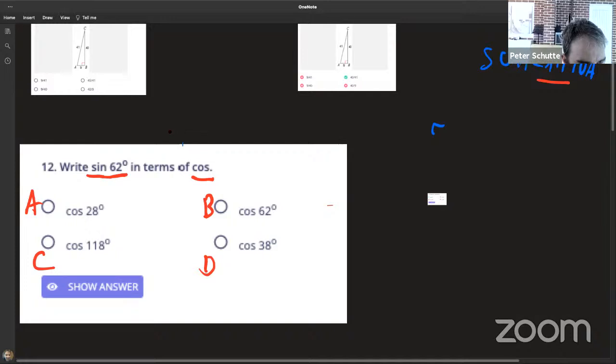Now, just to remind you, we do something called the reduction formula. And if you're reducing something off horizontal, there's one way of doing it. And if you're reducing something with the nearest vertical, there's another way of doing it. And you may remember something called the CAST diagram from class. This tells you where everything is positive: here sine is positive, but everything else is negative, and so on.